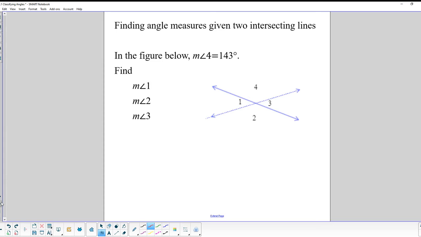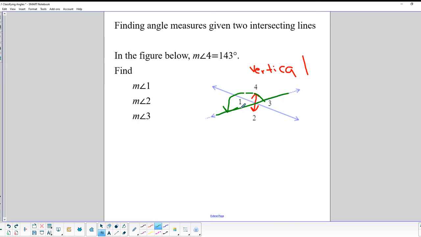Okay, find the angle measures given two intersecting lines. Remember we told you that if you have two intersecting lines, the angles straight across from each other are called vertical angles, and we know that vertical angles are congruent. We also learned that if you have two angles that add up to 180 degrees, like we have several pairs of those.